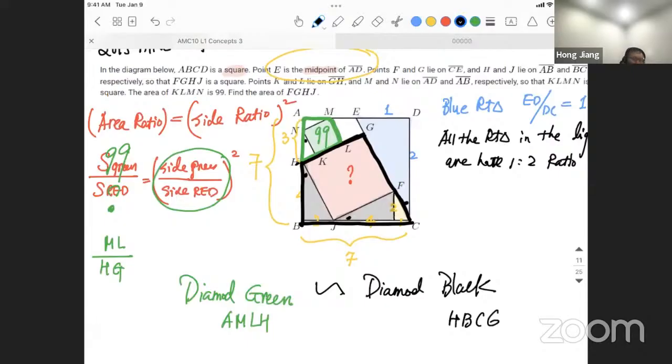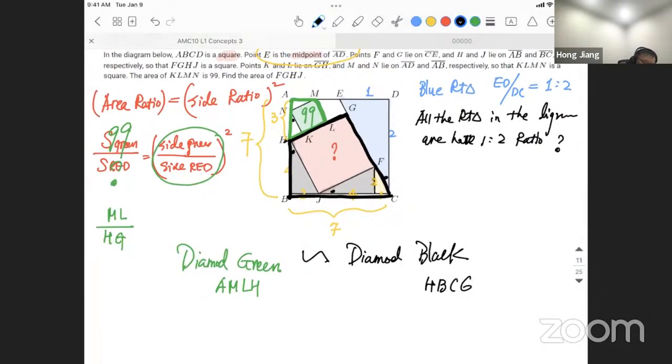If they're similar to each other, I can say, I'll take one side ML over HG. ML is here, HG is here. They will be equal to what? AH over BC, right? AH is here.